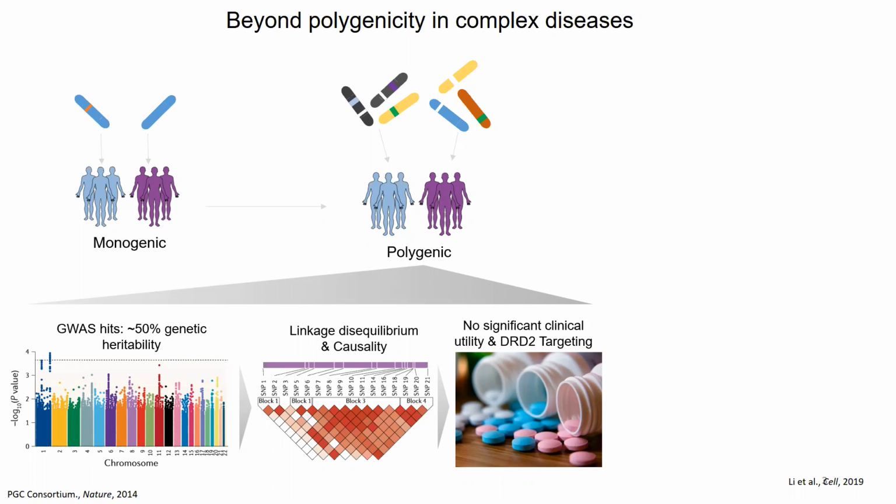Now, GWAS hits are not necessarily disease causal and may act as proxies for pathogenic variants with which they are in linkage disequilibrium, or LD. For example, while most antipsychotic drugs exert their effects through blockade of type 2 dopaminergic receptors, or DRD2, which is a mechanism that was discovered over 50 years ago, no significant loci have actually been identified to directly associate with DRD2.